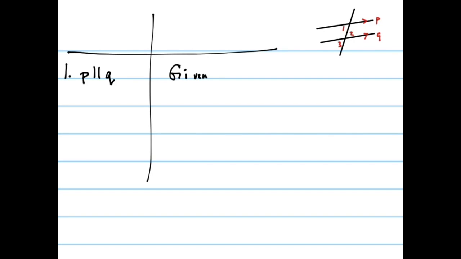Your theorem states if the lines are parallel, so you have to start with the hypothesis being true. Then, angle 1 is congruent to angle 3. We gave a reason for that, right? What was it? Corresponding angles postulate.